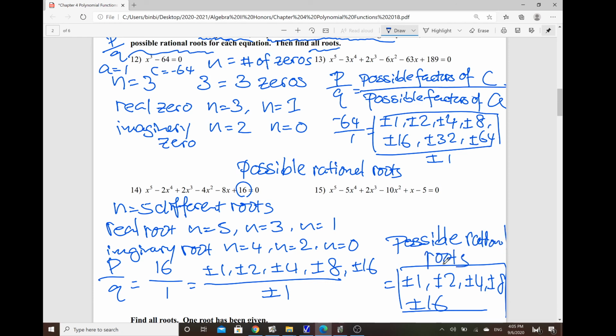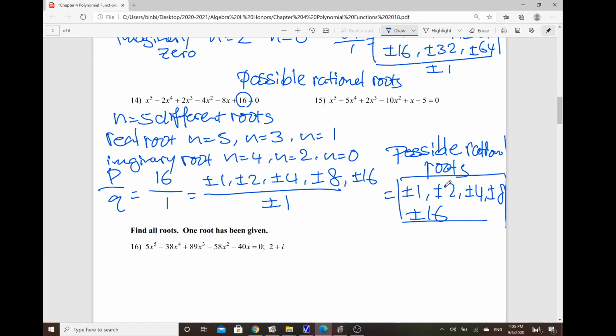So now we actually have to find the roots, whether they're real or imaginary numbers. Okay, so the way to do it. This one is non-factorable. So what we have to do, we actually have to go through the process of synthetic division. As you can see, we got plus minus 1, plus minus 2, plus minus 4, plus minus 8, and plus minus 16.